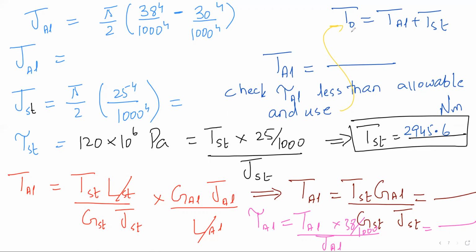What is the radius of steel? Its radius is 25 by 1000.